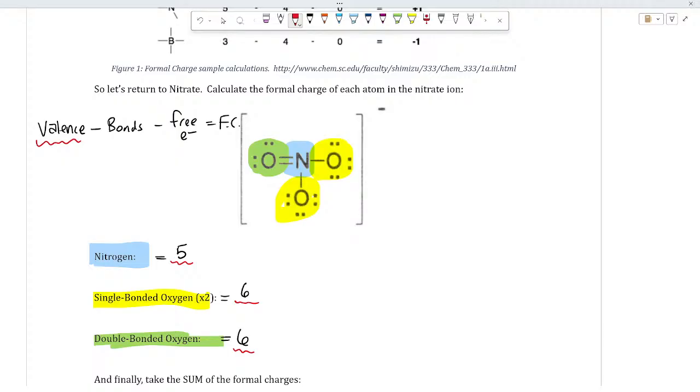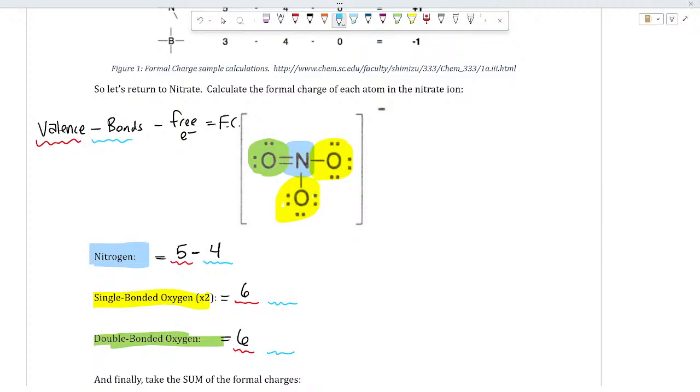Okay, now, how many bonds are they making? How many bonds is this nitrogen making? Yeah, 1, 2, 3, 4. Doesn't matter if they're sigma or if they are pi. All right, how many bonds are these yellow ones making?